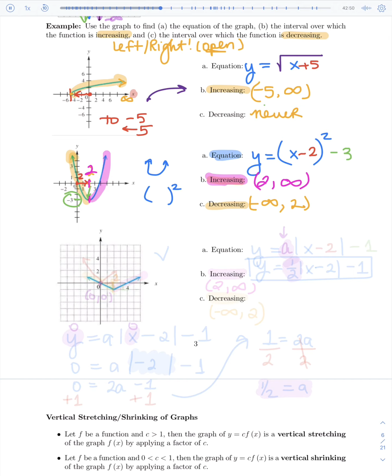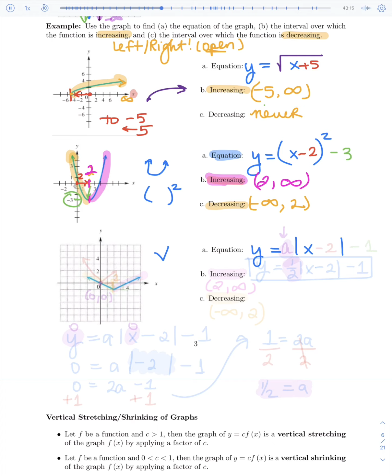Last one, let's take a look at problem C. In problem C, we've got a V-shaped graph, which means we've got an absolute value graph, which means when I go to write my equation, I should have y equals an x with absolute value bars around the x. The question is, where has it been shifted from, and where is it now?